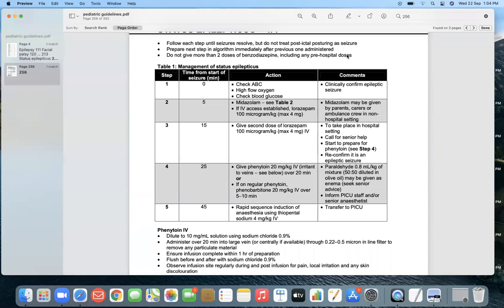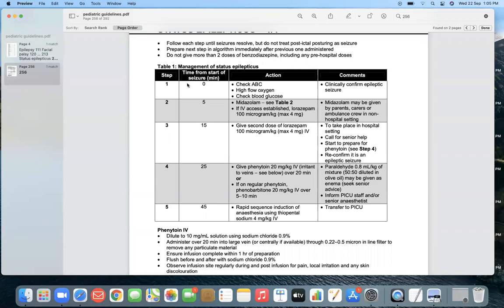So suppose the pre-hospital dose is given by the parents or by the ambulance crew or anything, you will not give more. Here the very important thing is you will prepare the next step in the algorithm and be ready if needed to administer.